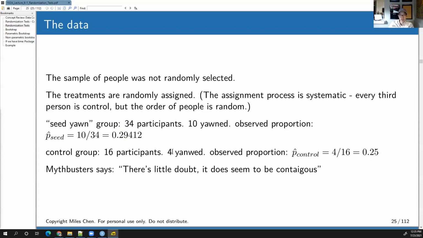In order to do a Z proportion test, you need at least 10 people who went yes and 10 who went no. In the control group, we have 16 people total, 4 who yawned and 12 who did not. So this is too small. We need at least 10, so our sample is not big enough to do a Z proportion test. We're going to have to do something else.